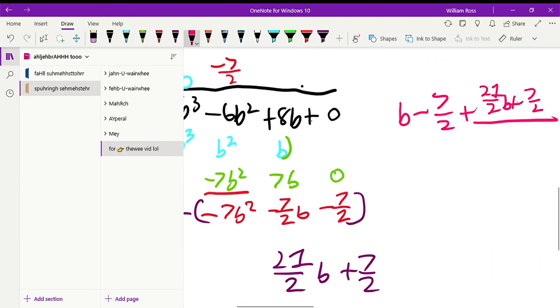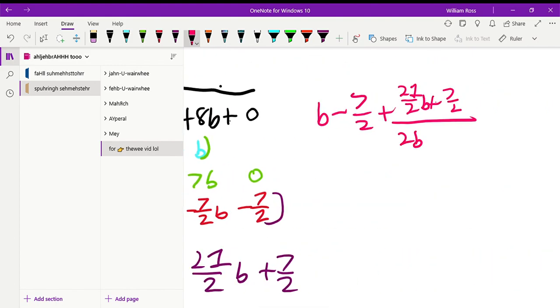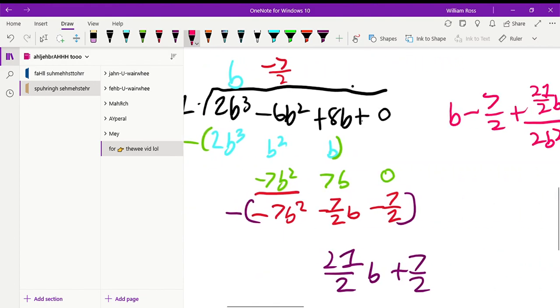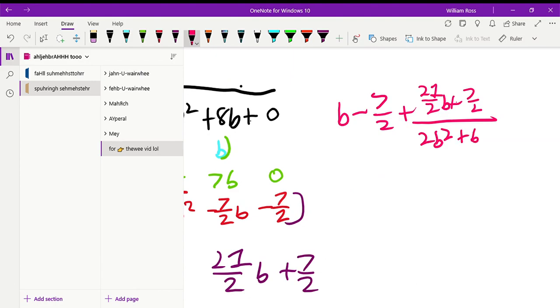over 2b squared plus b plus 1. Or you know what?